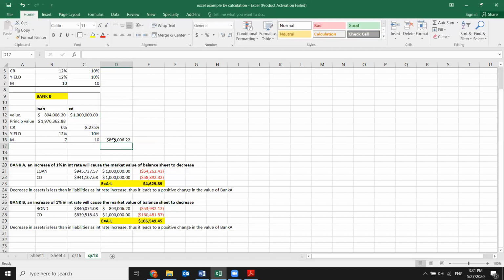Okay, this is what we get. Yes, that makes more sense actually. So the current market value with this rate, without any changes, it will be equal to this. Then I use this rate, okay? That sounds better.